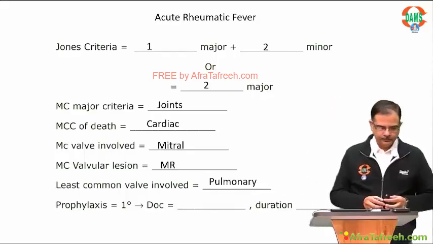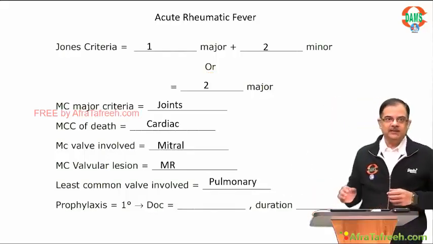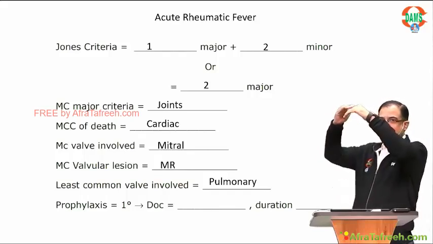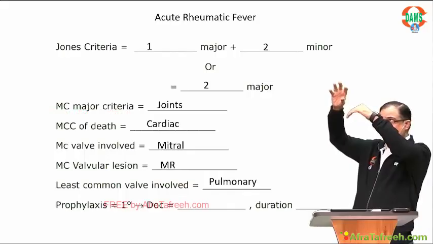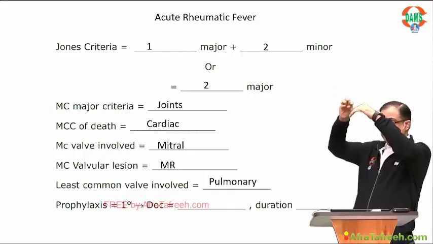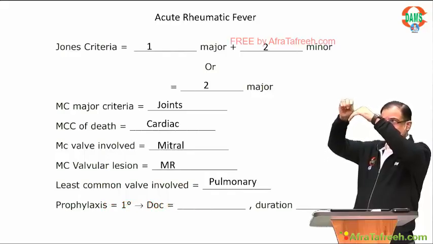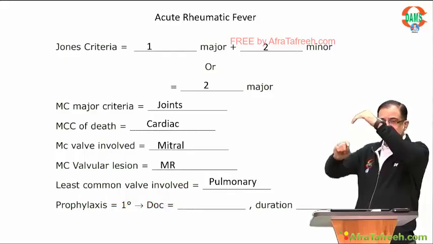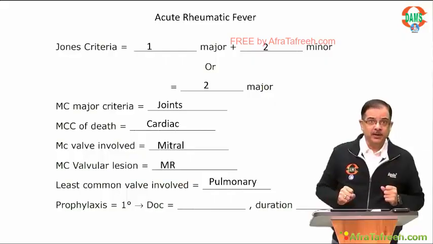Now, there is one characteristic murmur. Say this is an inflamed mitral valve. From the atria, blood goes to the ventricle maximally in mid diastole. So during mid diastole, which is also known as the passive filling phase, blood flows over the inflamed mitral valve. It creates a murmur.